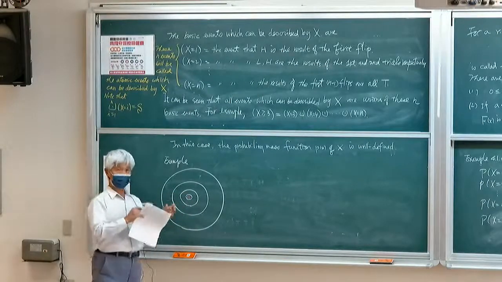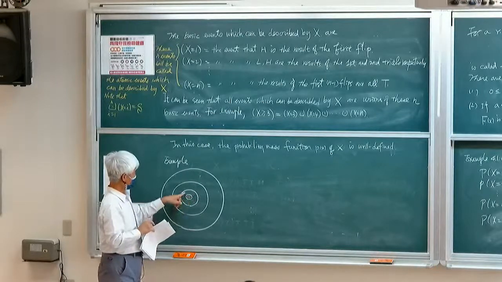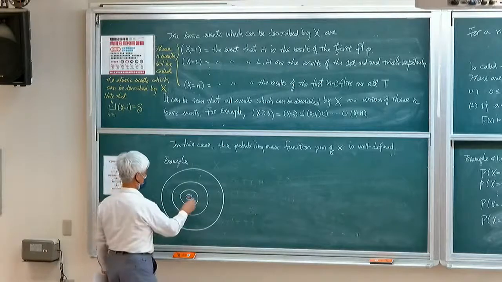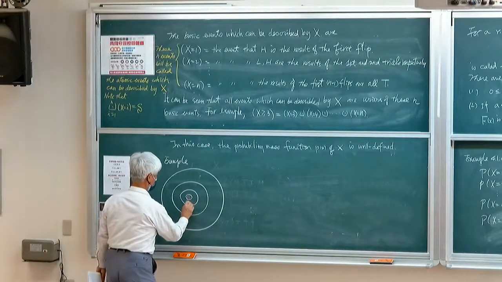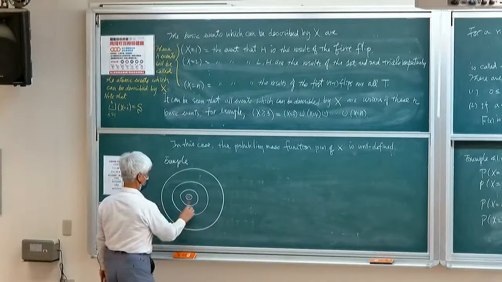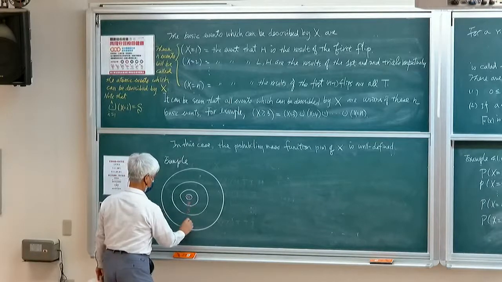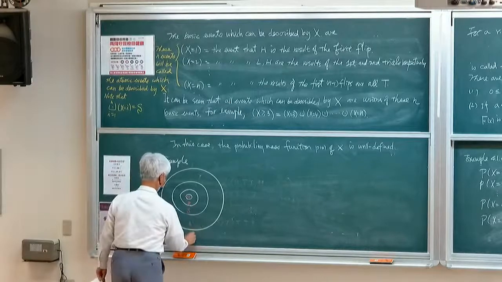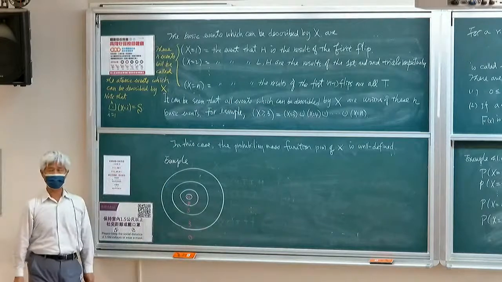If the archer hits this part, the score we say is 8. Okay, and then it's 5 and 3 and 0.